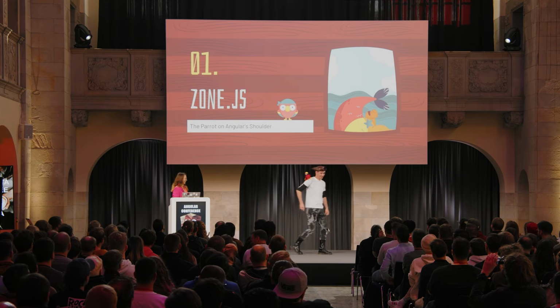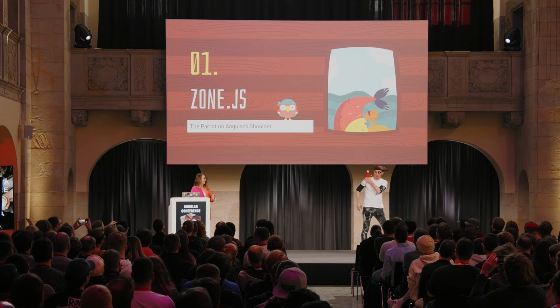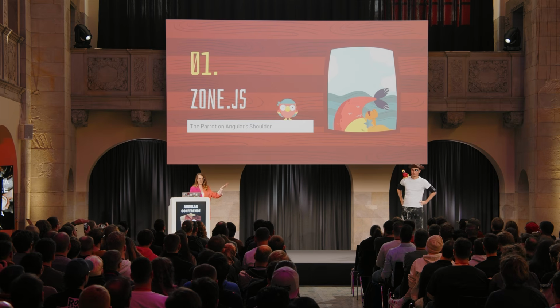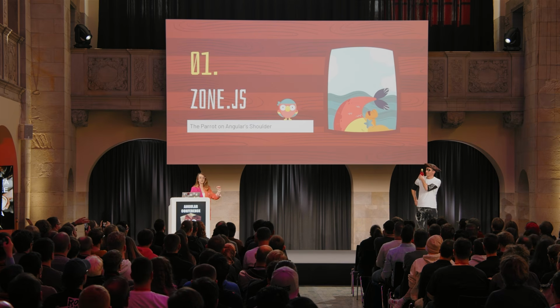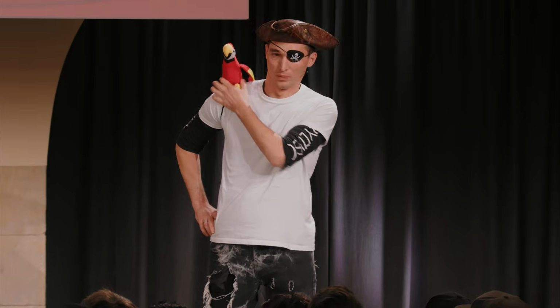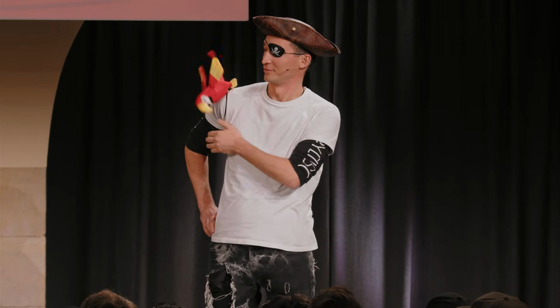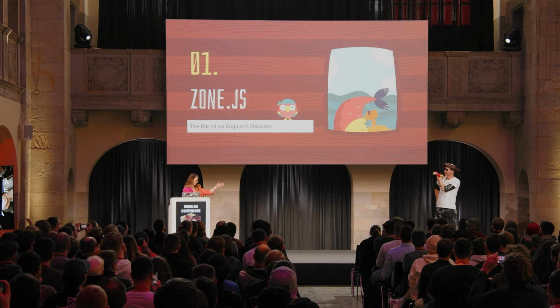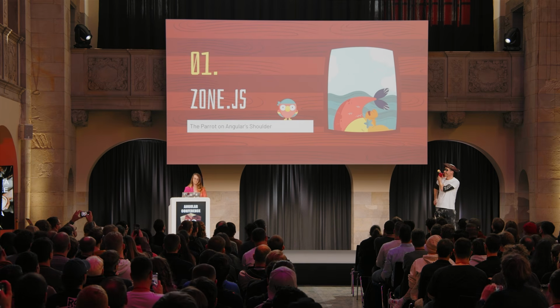It's Charlie. Hey, Charlie, hello. Hello. Oh, and our captain has a parrot, whose name is Zone.js. So think about Zone.js like the parrot. She already wants to fly away, but please stay with us a little bit.